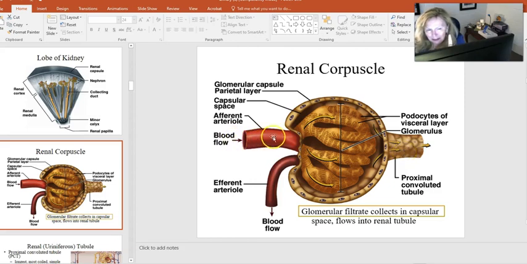As blood is pushed through, whole blood comes through at a microscopic amount, the pressure is enough that it's pushing everything out of the blood plasma except for proteins. Proteins are too big to get through these pores, and cells can't get through these pores. So what remains in this little blood vessel is sludge-like.